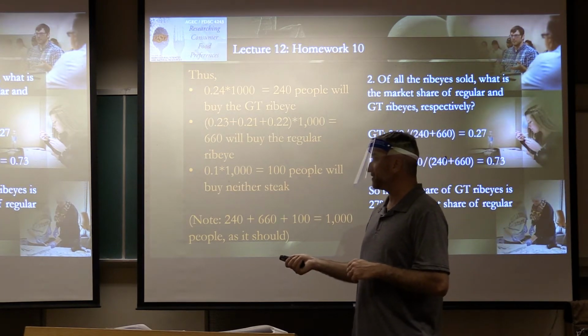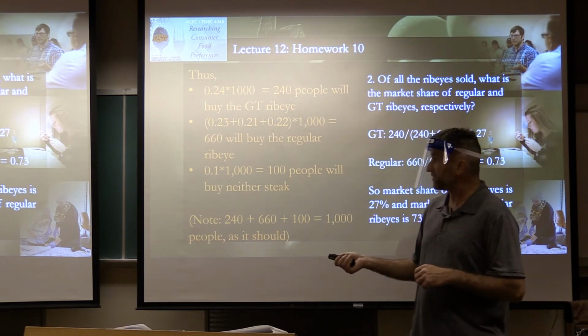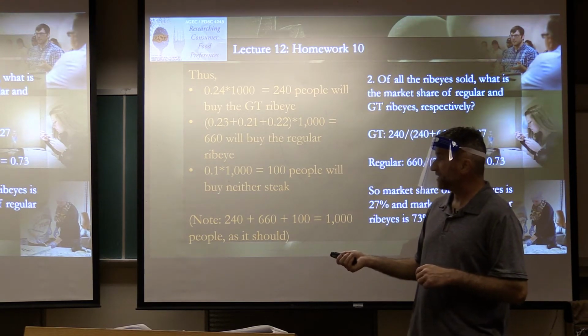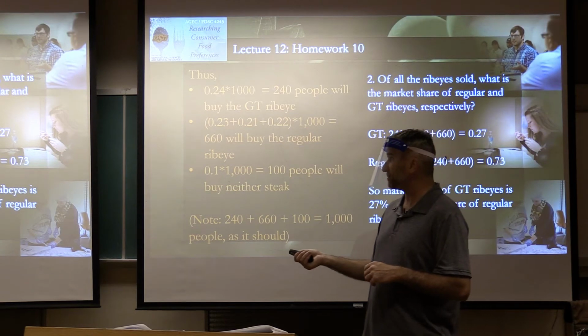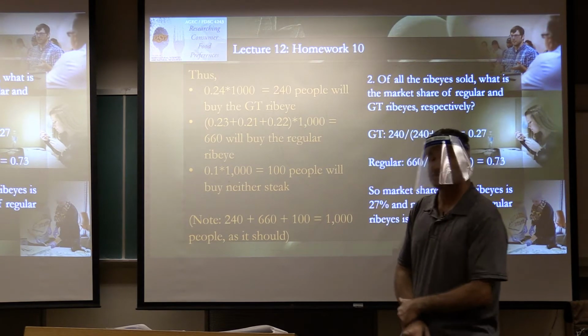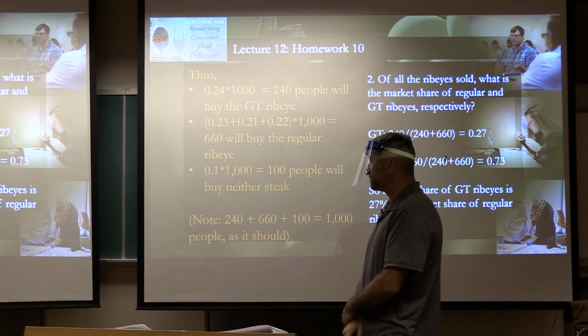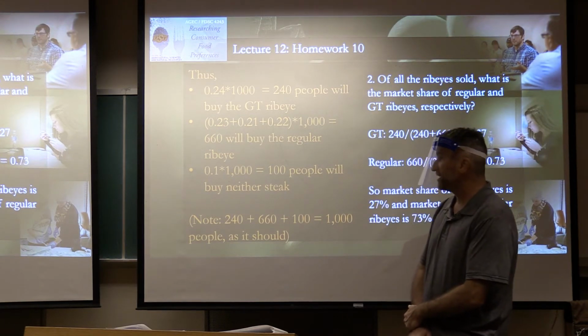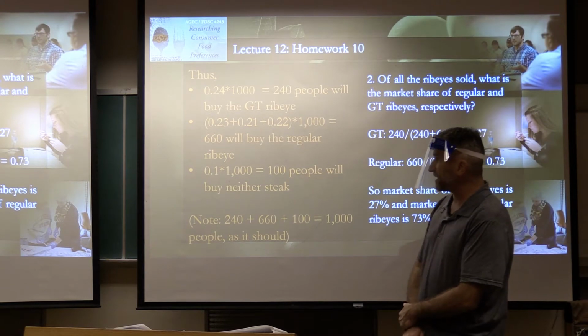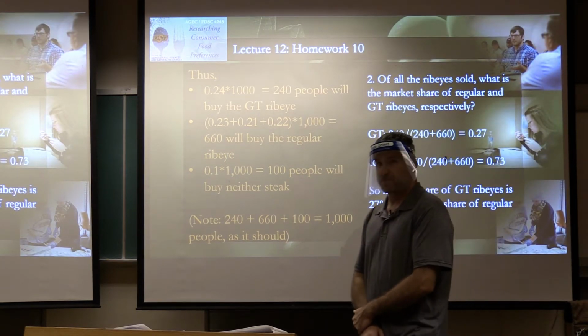For regular, out of 1,000 people, you're going to sell 660. Total amount sold was 240 plus 660 again, for 73% market share for regular. So the market share of guaranteed tender ribeyes is 27%, and the market share of regular ribeyes is 73%.